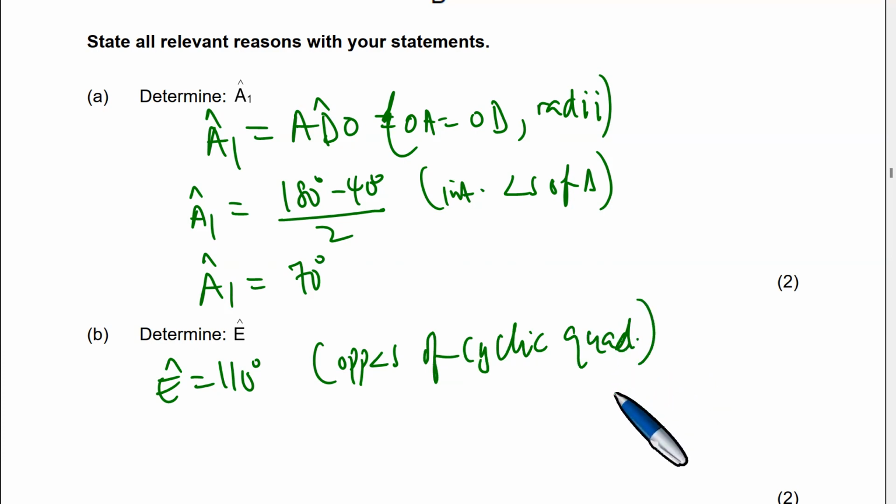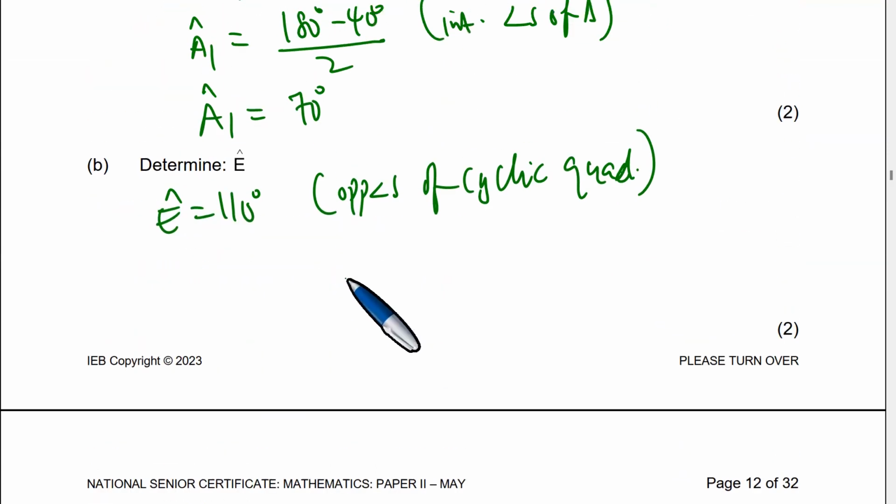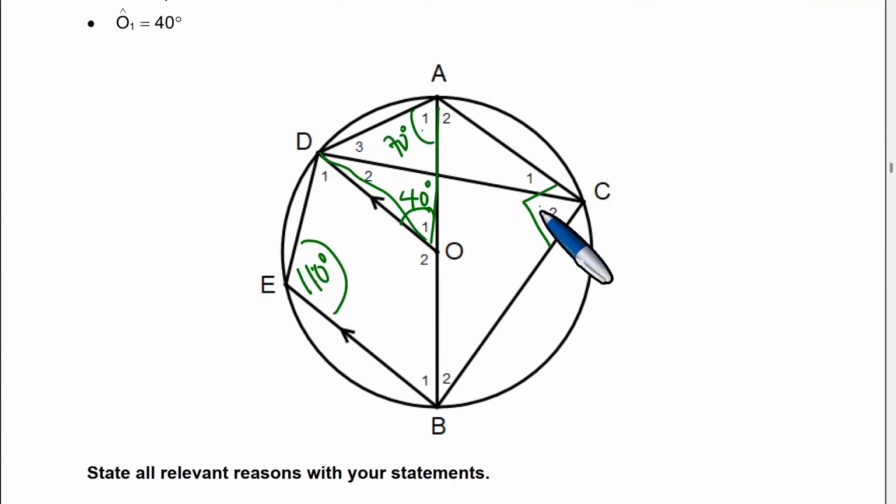Next question. Determine C1. If you look at angle C1, what is the size of angle C1? Angle C1 is this one. There are a couple of ways to find angle C1.